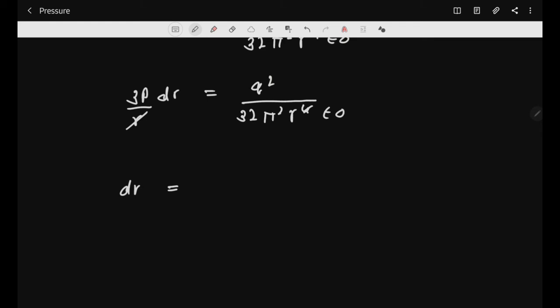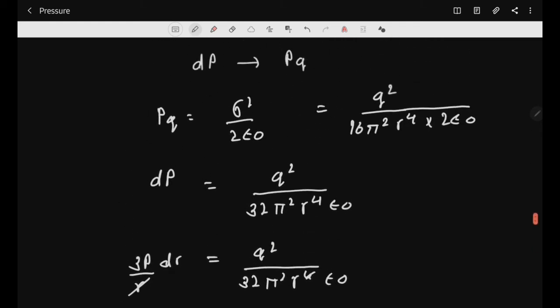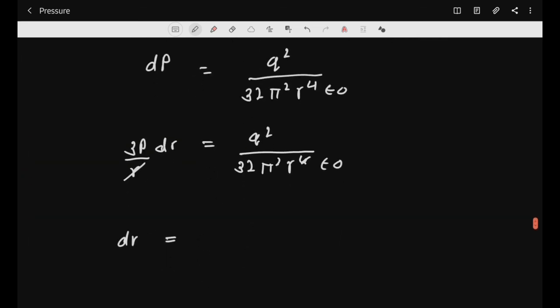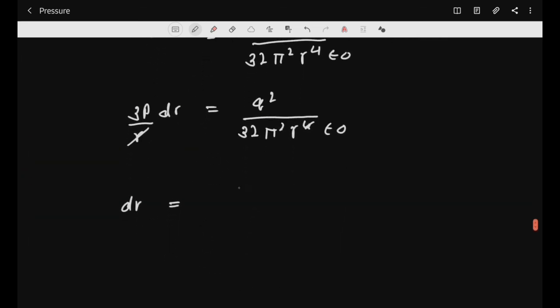No, k is not there in this equation. So dr will be equal to q square divided by, this 3 and 32 will multiply, we get 96 p pi square r cube into epsilon naught. R raised to 4, one power was cancelled by the radius on the other side.